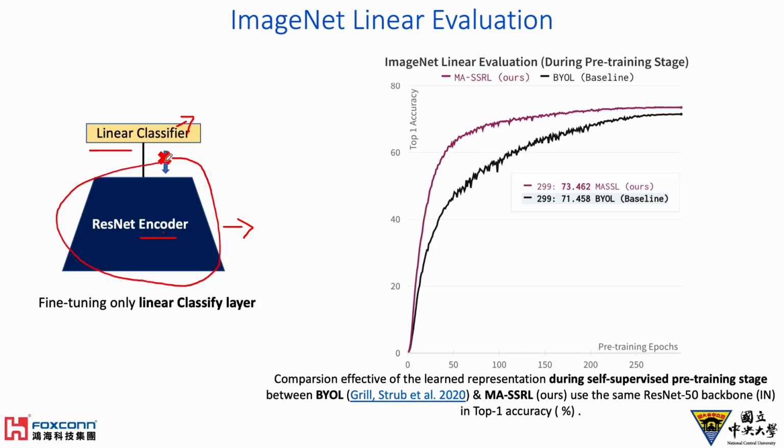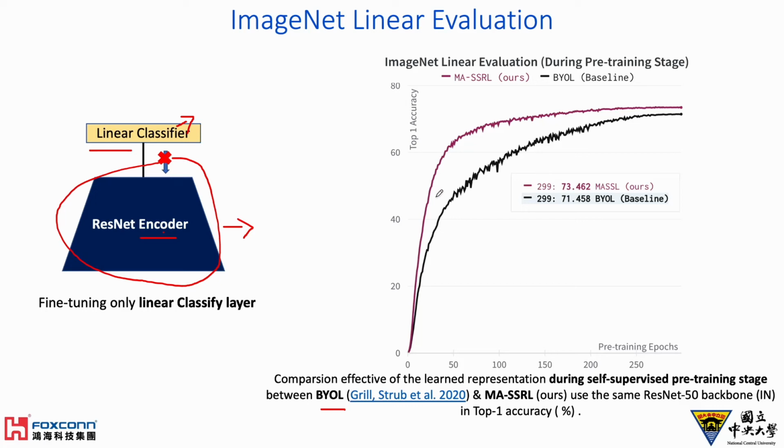We perform this on ImageNet. On the right figure, we compare with the baseline from DeepMind, called BYOL. The x-axis is the pre-training epochs in the self-supervised pre-training, and the y-axis is the top-1 accuracy when we take the pre-trained encoder and evaluate a linear classifier.